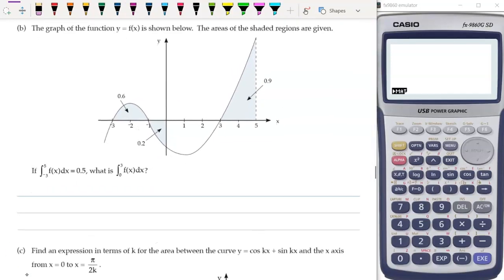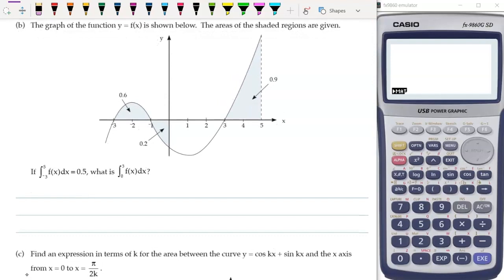Okay, part B, I love these questions. They're just understanding the geometry of integration. So if we integrate straight from minus 3 up to 5, then anything that's above the axis is counted as positive, and anything that's below it is negative.